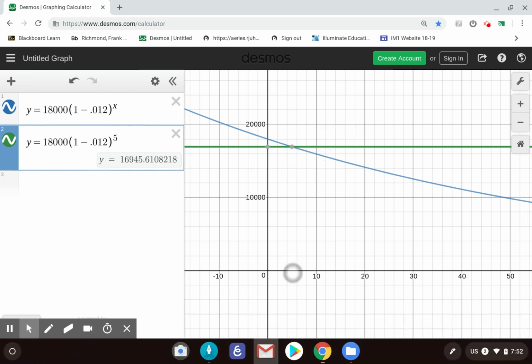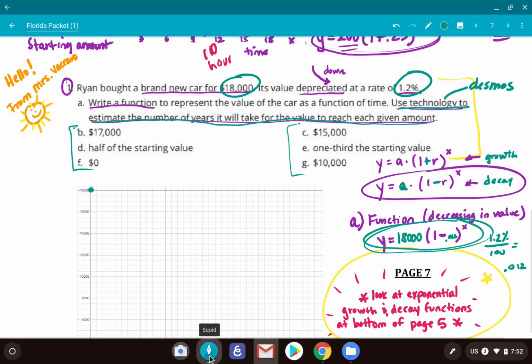That's going to be 5 years. It's going to be about right here. So that's 16,000.